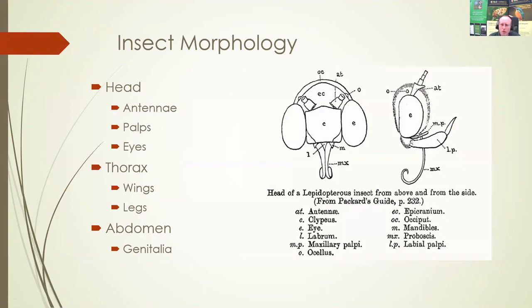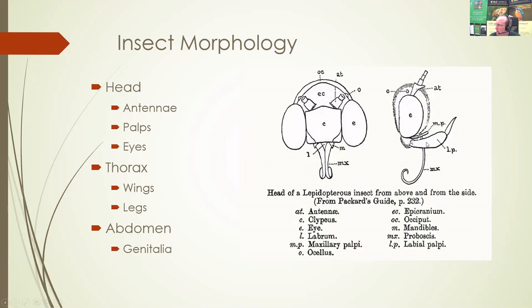Morphology. Last week I kind of skimmed over this, and we didn't really talk that much about the various parts of the body on an insect. But there is one aspect of the insect's head in particular that will be referred to quite a lot during the course of this talk, and that's the labial palps.